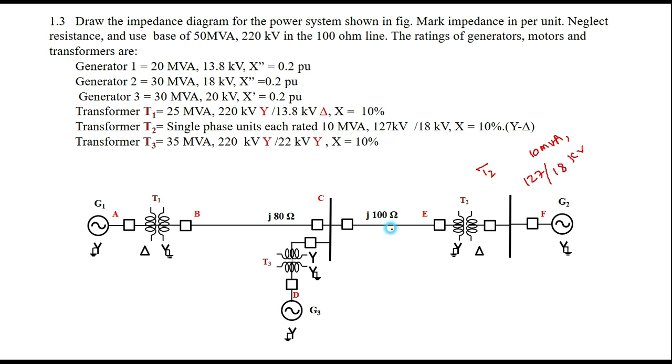Roughly you can see here it is 13.8, and the base quantity chosen here in the 100 ohm line is 220 kilovolts. We'll see that. You can see that the voltage level on the transmission line side is around 220 kilovolts or so.